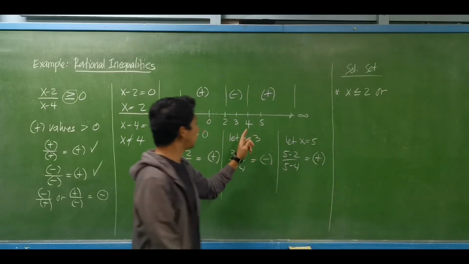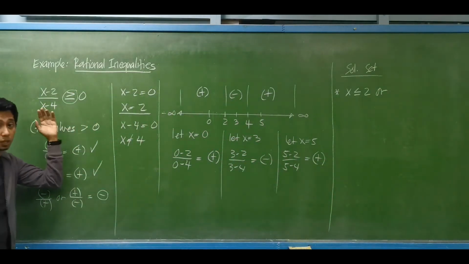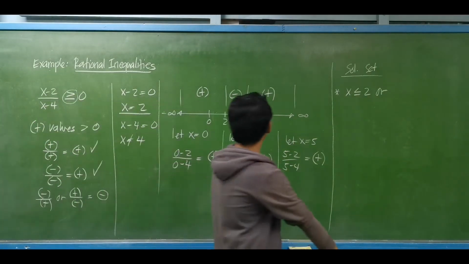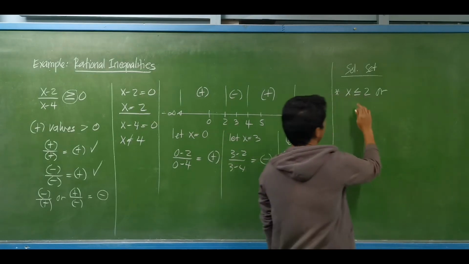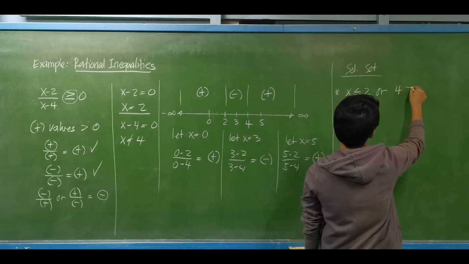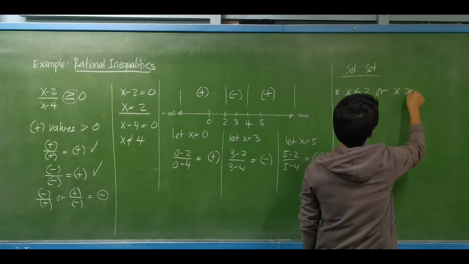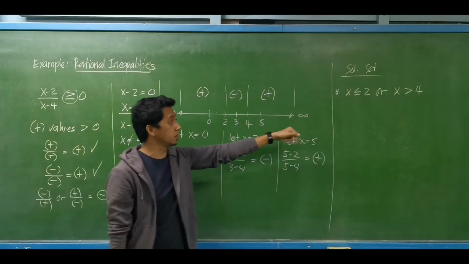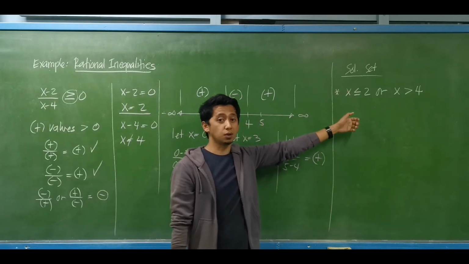Take note again, 4 is not included since we'll have a 0 denominator that gives an undefined quotient. So we have x less than or equal to 2, or x greater than 4. For a reason, 4 is not part of the solution. This is our solution set in terms of inequality.